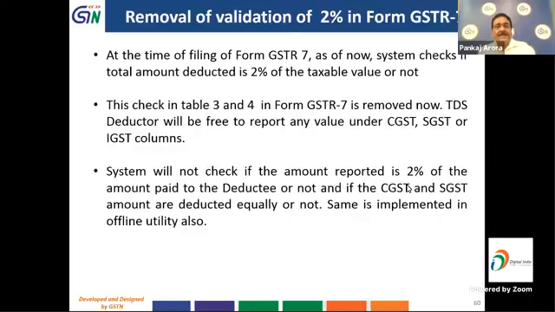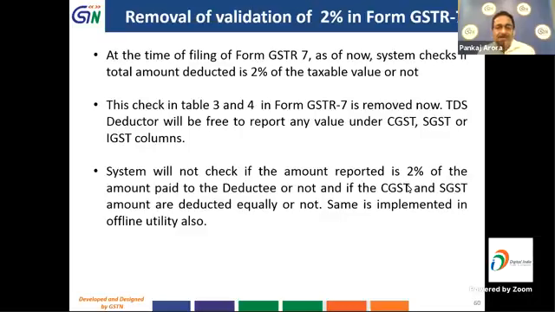So another thing is for the ease of tax deductors, notified tax deductors under section 51. They were required to deduct 2% of TDS. Now there were certain inbuilt validations which were creating problems to these tax deductors while they were reporting any values under CGST, SGST, or IGST TDS columns.